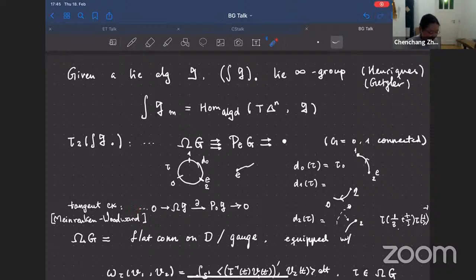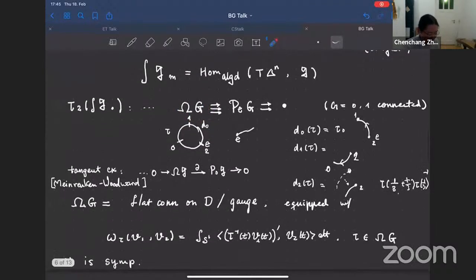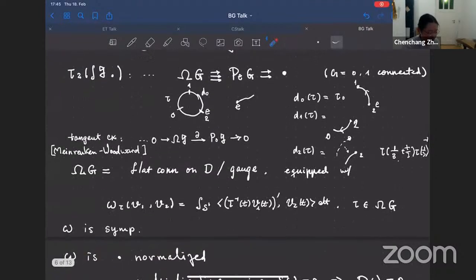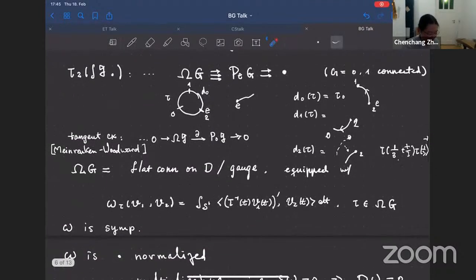And so why we think this omega g should take a 2-group structure is also because in the end it comes from Chern-Simons. It's the phase space of the Chern-Simons sigma model where you can see a flat connection on 2-dimensional space, right?